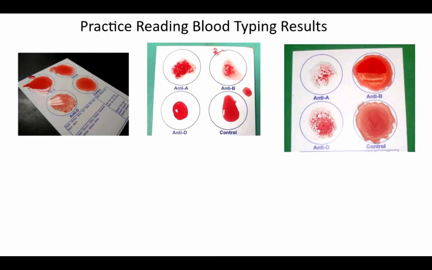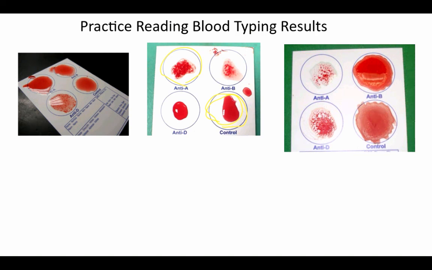So one thing you guys need to be able to do is interpret blood typing results. The way to read the blood typing is to compare the control, which is just a drop of blood, to a drop of blood that's been mixed with antisera to only a single antigen.